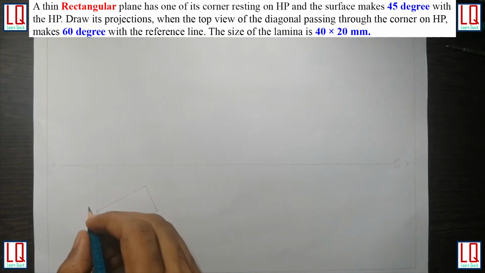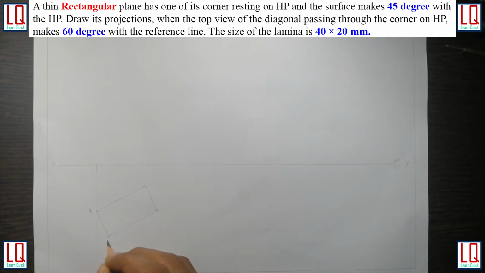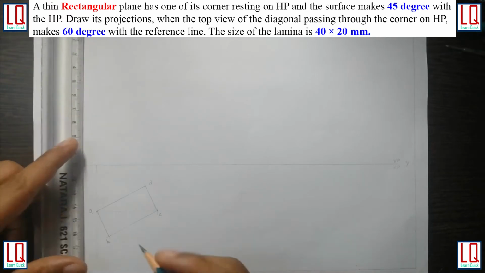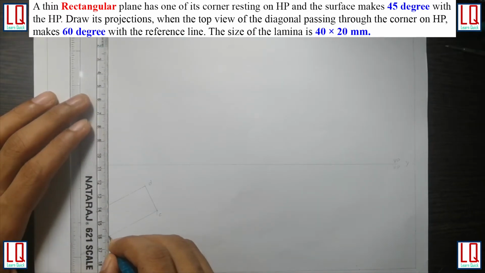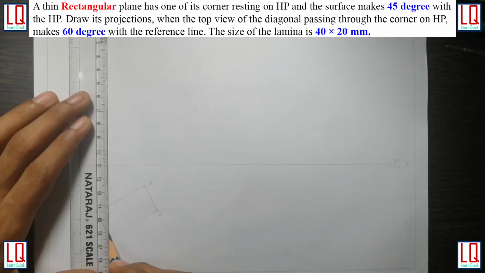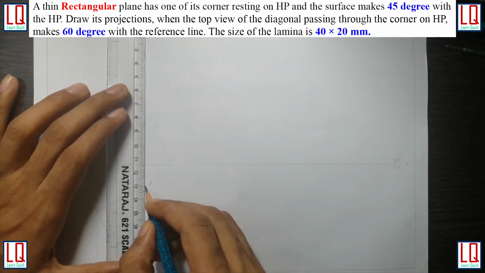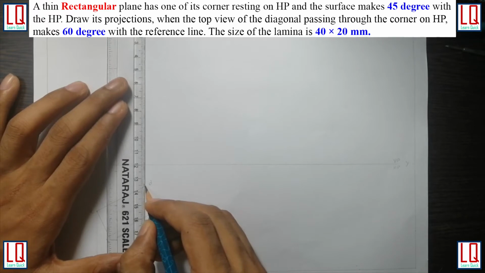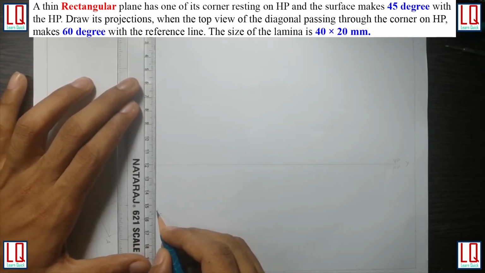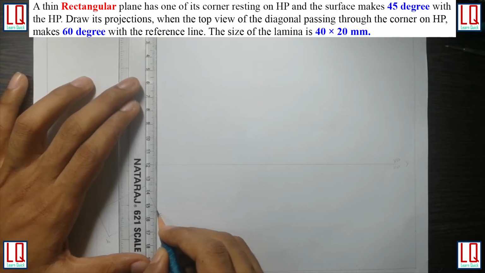Now I mark the corners A, B, C and then D. Now project all the corners to the front view. Use of a drafter is recommended whenever you do the projection of corners.